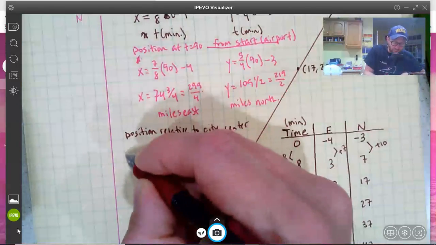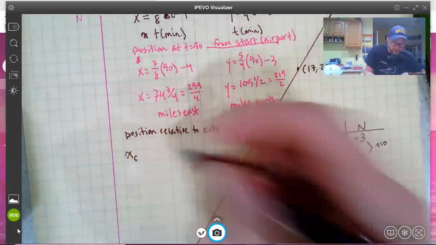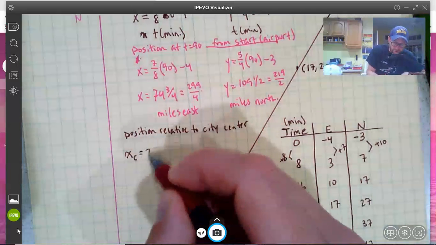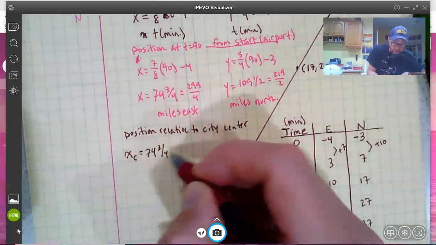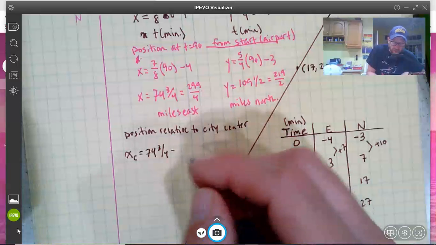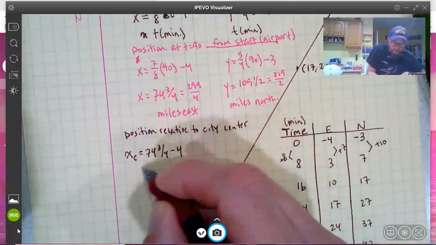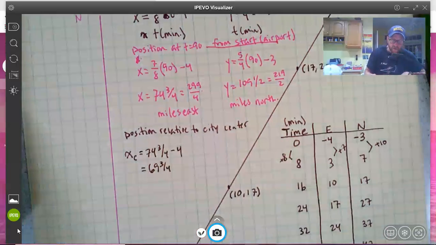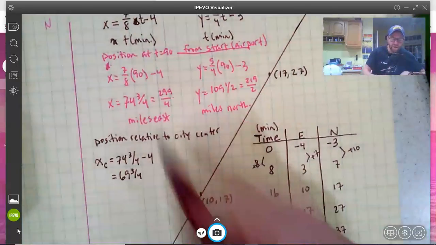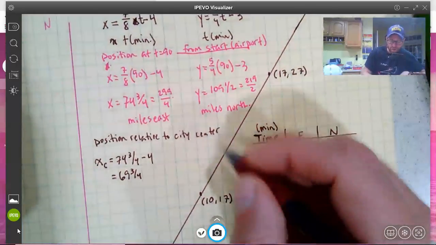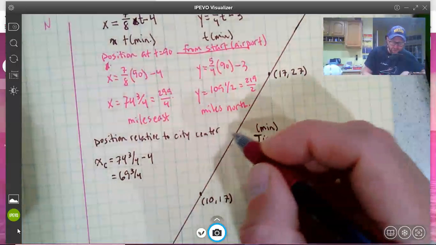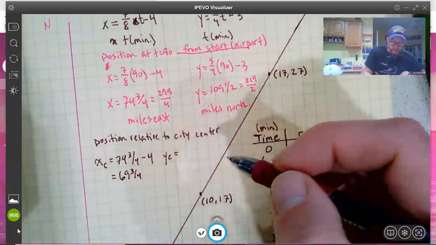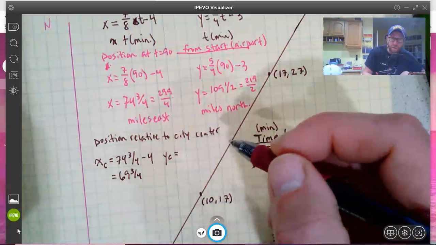So we'll call this x sub c for city center equals 74 3/4 minus 4, which is 69 3/4. Yeah. So I guess I lied. That's a little easier to deal with mathematically than 299/4. Let's see. So then for the north direction, we'll just call it y sub c... It's actually probably not the best way.